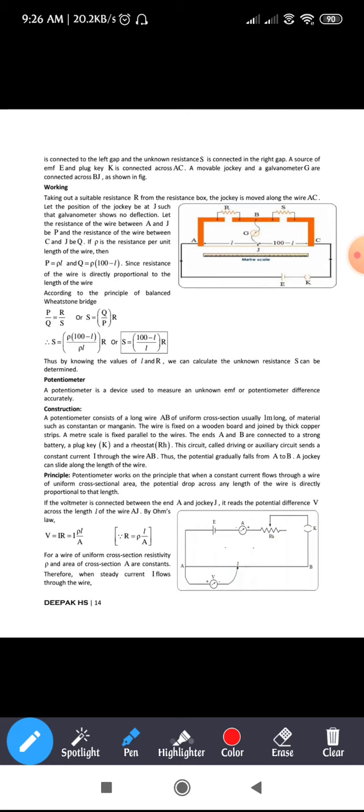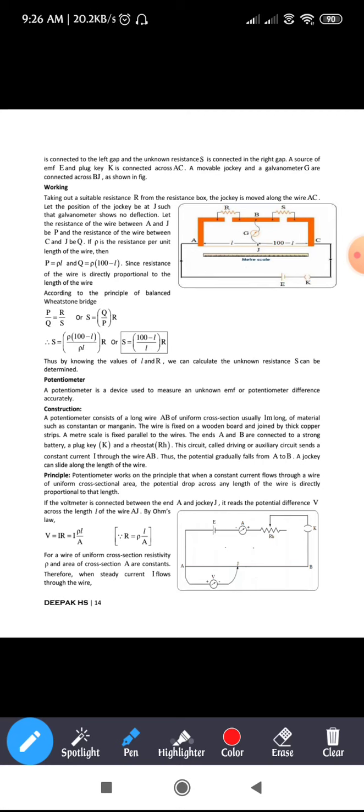One more question they are going to ask is: which is the device which measures the potential difference accurately? See, there are two devices we make use of to find the potential difference. One is the voltmeter. A voltmeter is always used to measure the voltage or the potential difference between 2 points.